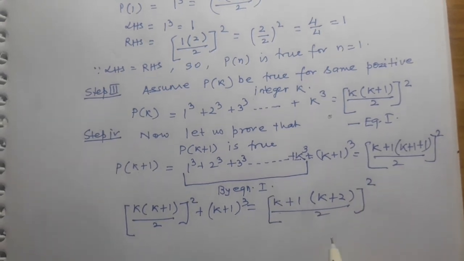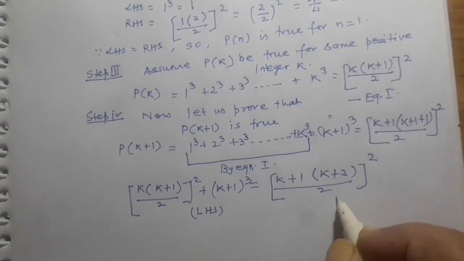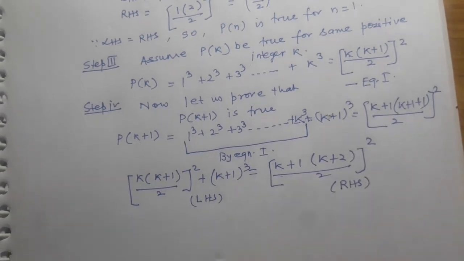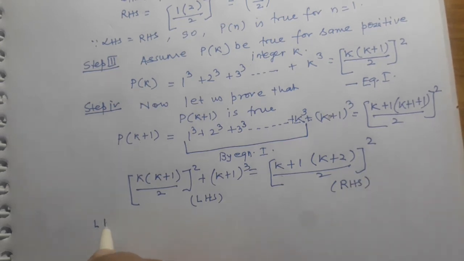We are only simplifying it. So this we shall treat as LHS, and this we shall treat as RHS. Okay, so now we shall consider LHS, and lastly we shall prove it equal to RHS.